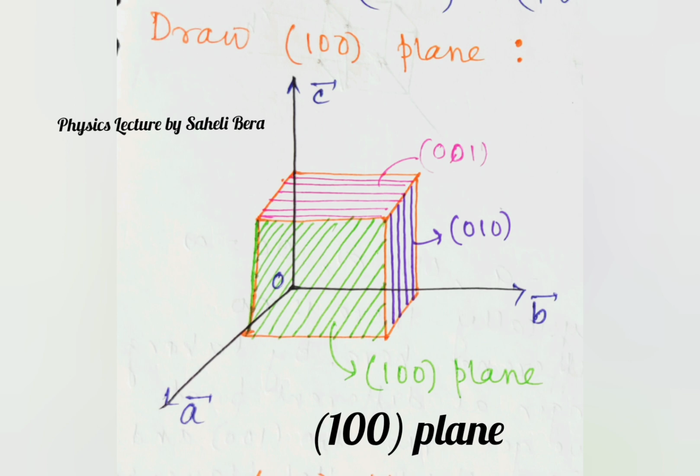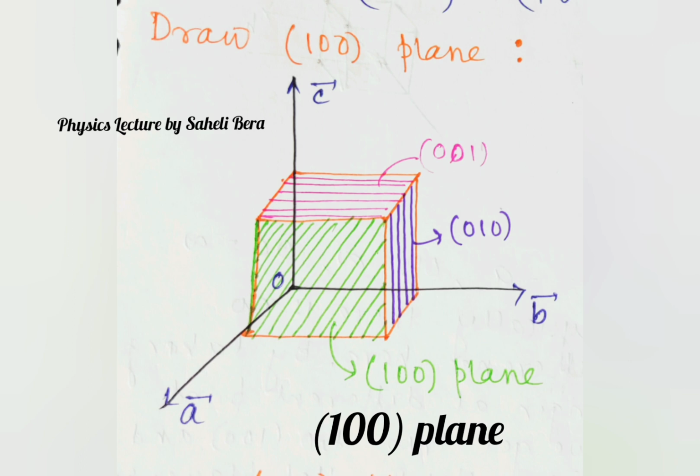This is the first example of drawing Miller indices, for the 100 plane. When Miller indices are given and you have to draw the plane, first take the reciprocal of the Miller indices, which is 100. The reciprocal is 1 by 1 which is 1, 1 by 0 which is infinite, and infinite.